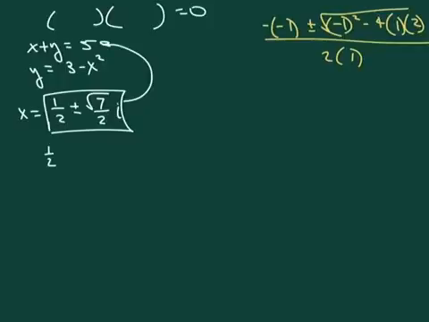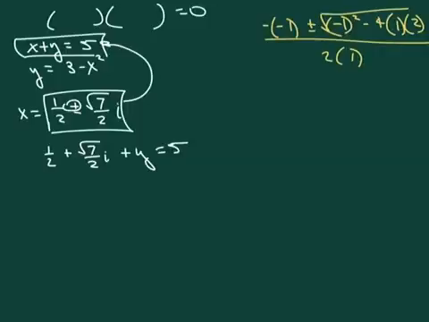So 1/2 plus or minus, well, let's do the plus and then let's do the minus. Let's not keep them plus or minus. So let's take 1/2 plus the square root of 7/2 i plus y equals 5. Okay, so that's putting in the plus sign into this equation right here. And let's do the other one, 1/2 minus the square root of 7/2 i plus y equals 5.